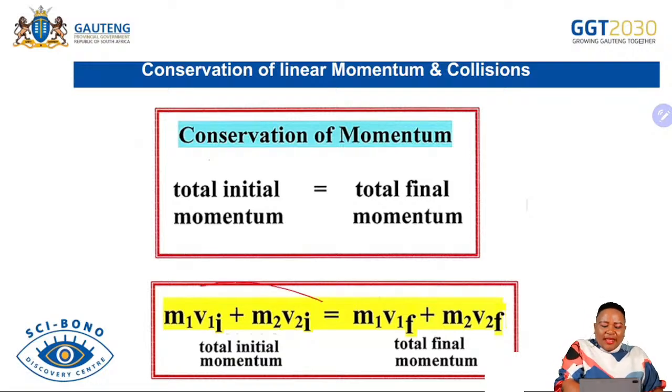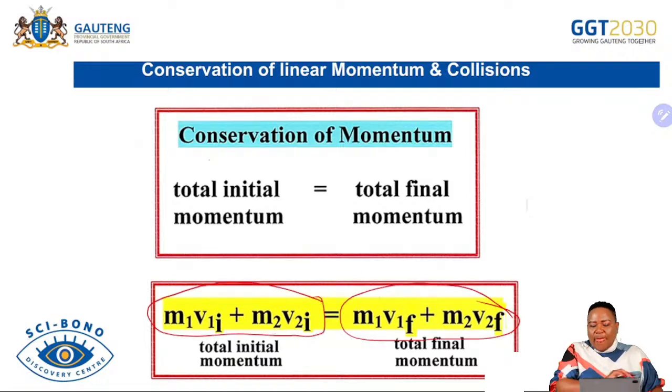So I think this is the one that I was talking about, of us calculating the conservation of linear momentum. Because we'll be dealing with different objects of different velocities, of different masses, it is very important for you to write and label the symbols correctly, so that even when somebody is marking your problem, the person knows what you are referring to as MA or MB, VA or VB, M1, V1, M2, V2.